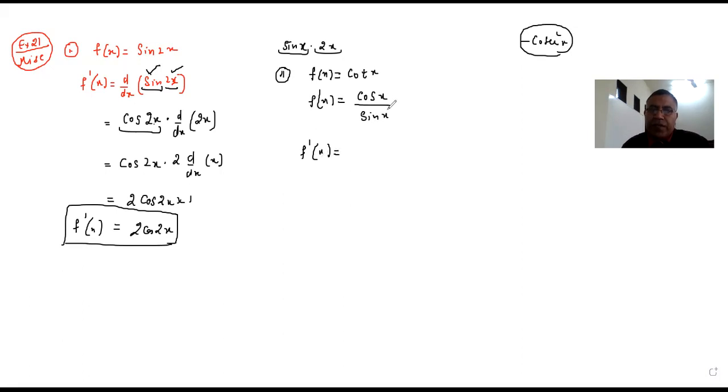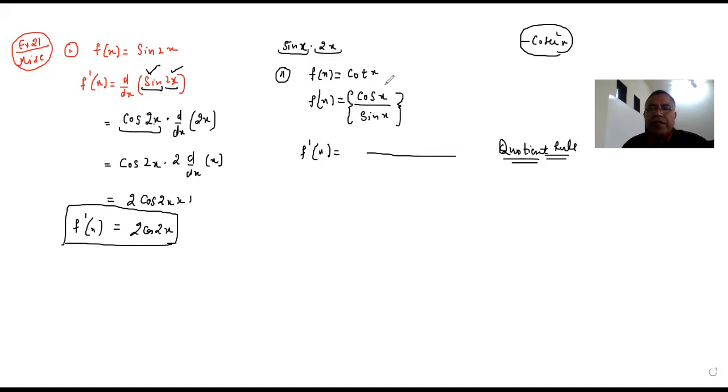Now f dash x, when there is a division of two functions, दो functions की division आ गई हमारे पास, तो what I will do? I will apply quotient rule. कोई बच्चा मेरे को ये बताएगा यहाँ पे कि क्वोशिएंट रूल क्या होता है? नूरप्रीत can tell, गरिमा can tell, what is quotient rule? नूरप्रीत. पहली बात तो मैं क्वोशिएंट रूल कब इस्तेमाल करता हूं, पहले तो ये मेरे को बताओ. सर जब दो जो टर्म्स होती है या फंक्शंस होते हैं वो डिवीजन में होते हैं. परफेक्ट, बहुत अच्छा, that when there are two functions which are in division, then we can apply the quotient rule.